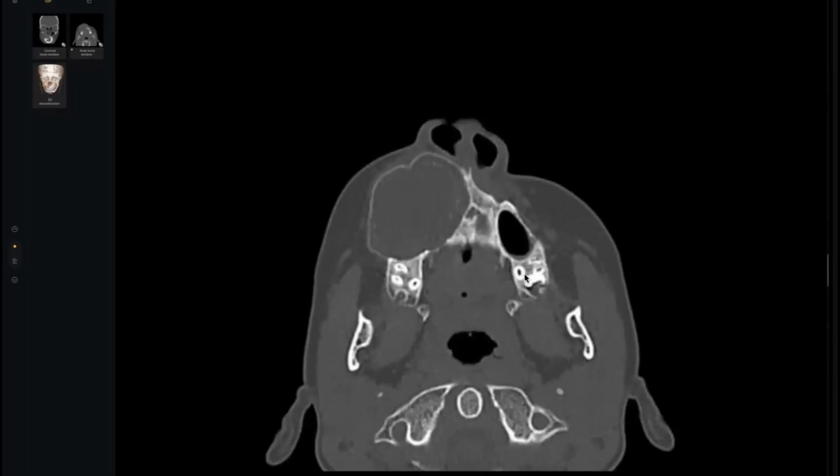The lesion is an expansile lytic lesion with a thinned-out margin and no evidence of significant soft tissue component, no definite cortical break. So it's a maxillary lesion causing compression of the right sinus.